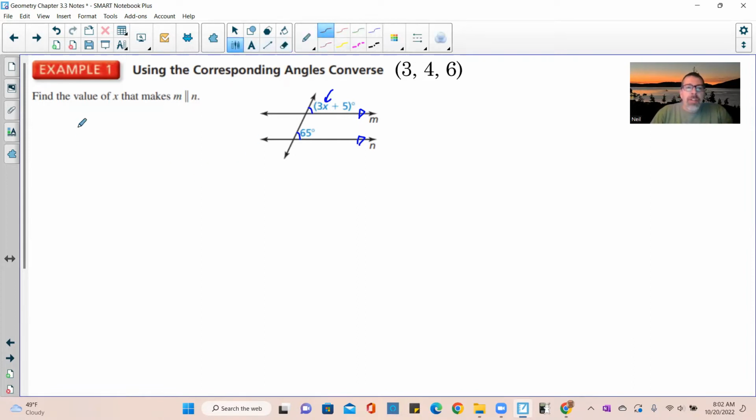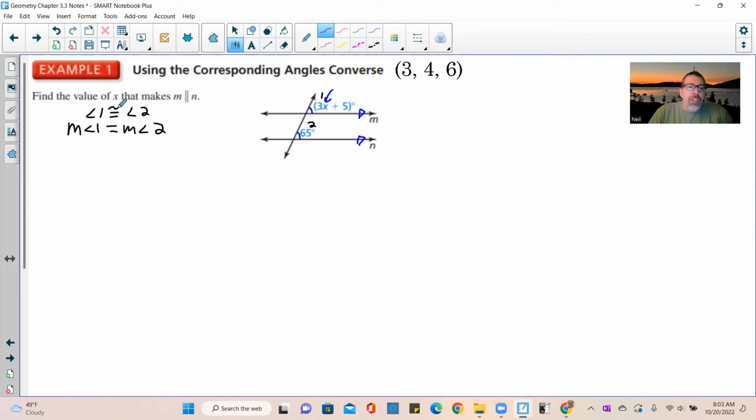But I'm going to start this by saying, let's call this angle 1 and this angle 2. But before I say the measures are equal, I can say angle 1 is congruent to angle 2. We know these two angles are congruent if we want to make those two lines parallel.